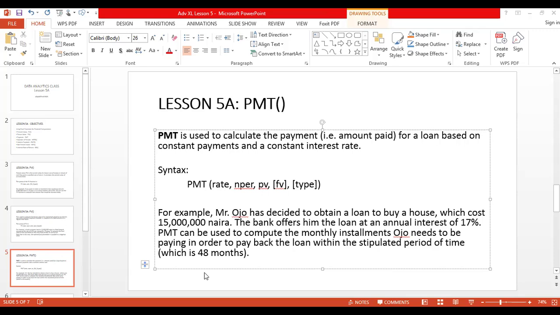All right. $20 million. So 17%. That period is say 48 months.